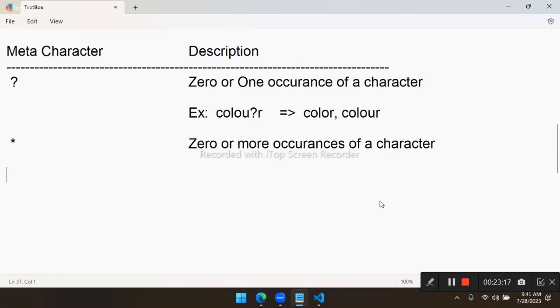That means the character can be 0 times or it can be many times. Question mark means only one time, but here it can be many times. That means if you write like this, the spelling is not suitable. I am just explaining the character's purpose. If I write COLOU asterisk R, then what does it mean? Will it allow COLOR?